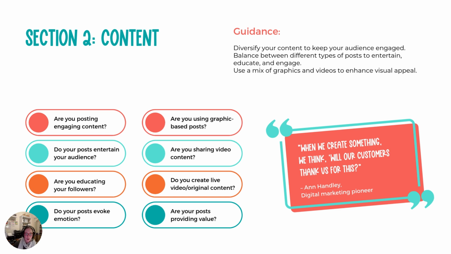But think, are you using a combination of types of posts to see what works best with your audience? Now, everybody knows that there's been a big push towards video in recent times. But what we're finding is with some industries and with some audiences, carousels or static graphics are actually performing better than some videos. So do a mixture of content and keep an eye out for what's working and what's not.